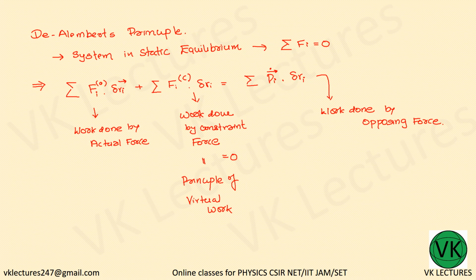We can also write the same equation, which we will name as equation 1, as the sum over Fi applied dot delta Ri, this is force, equal to the sum over Pi dot, which we write as mi times the acceleration, vi dot, dot delta Ri.